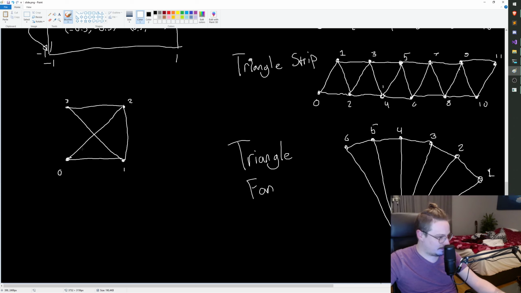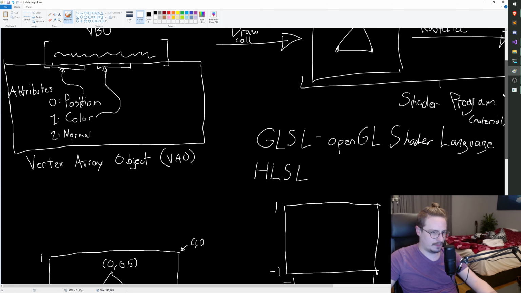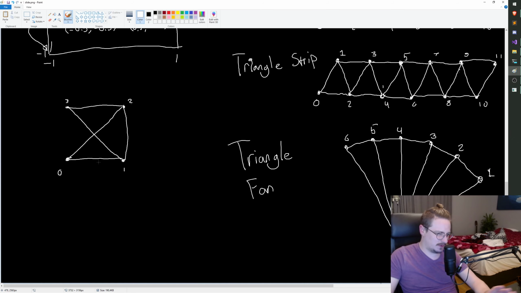So that didn't work. We could have been a little more clever with the placement of our vertices to make this work. For example, instead of doing a complete counterclockwise turn, we could have gone 0, 1, and then go up here, do 2, and then 3.